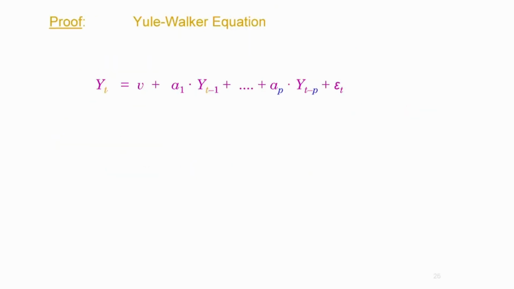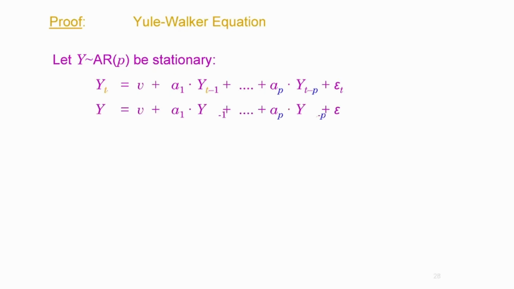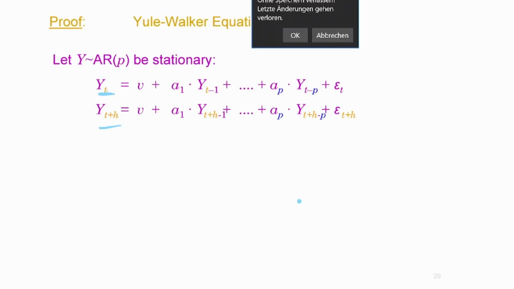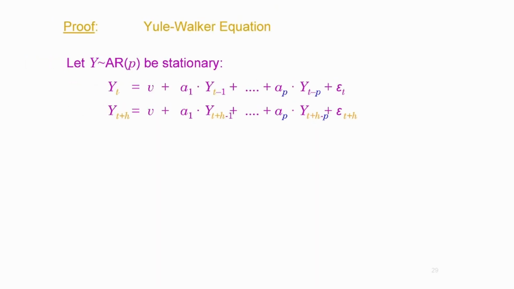Now, when it comes to the first order autoregressive process, that's what I'm going to look at. Before I start, I'm going to prove the Yule-Walker equations. There are multiple, but that's going to be one. Assume that the process is stationary. If it's stationary, then you can simply replace the time point t by time point t plus h. That's something you can do, which I do, by the way.